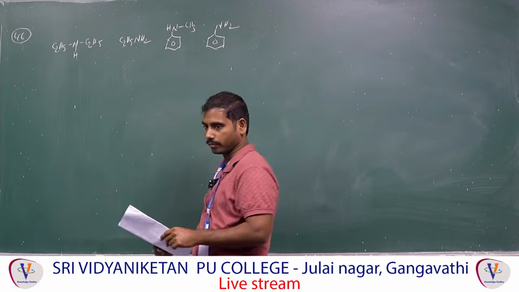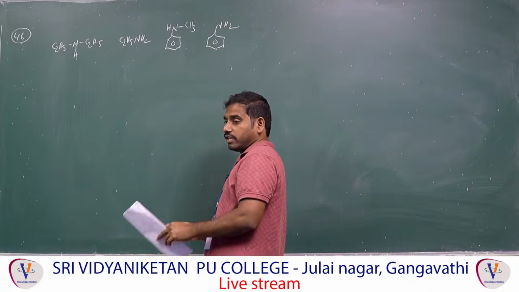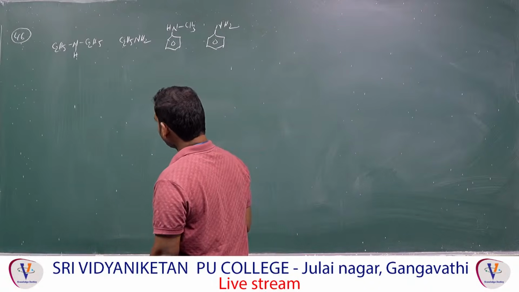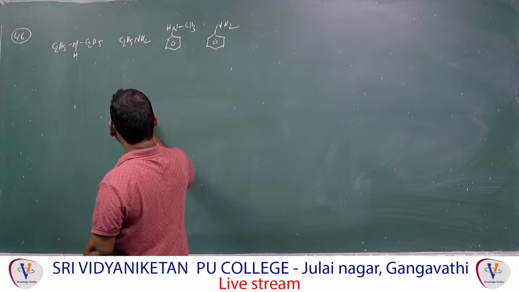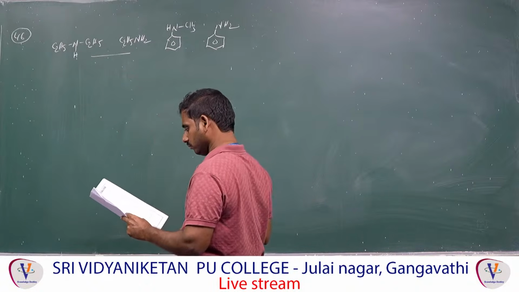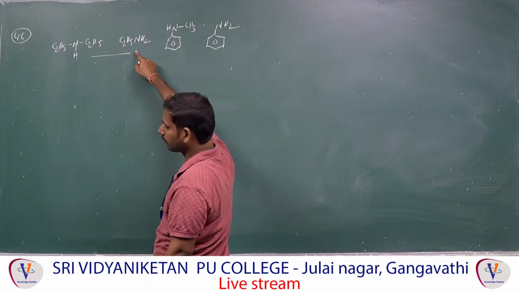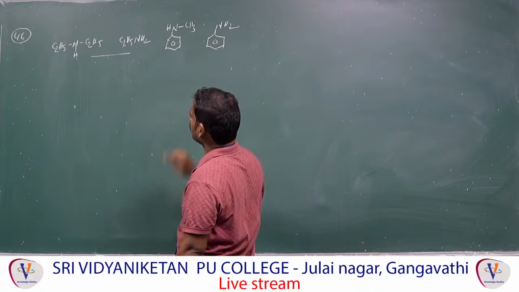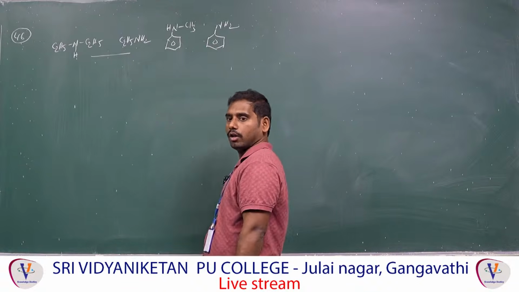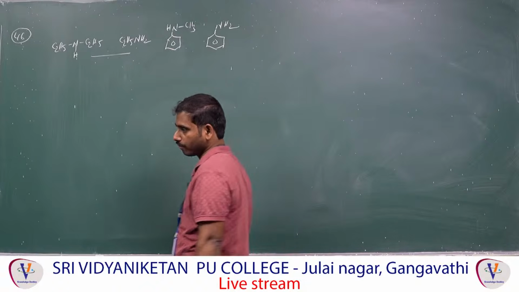These are the compounds they have given. What are they asking here? Decreasing order of basic strength. First observe, these two are aliphatic, these two are aromatic compounds. So aliphatic compounds are more basic than aromatic compounds, already you know.